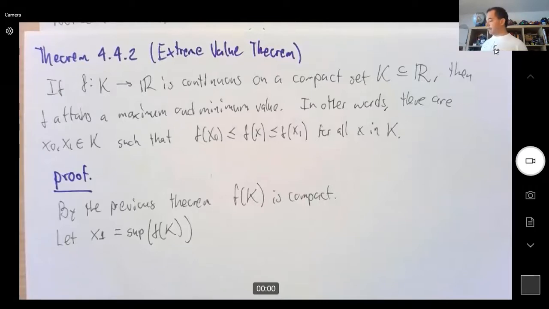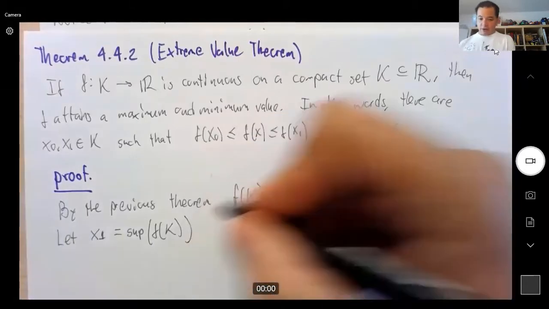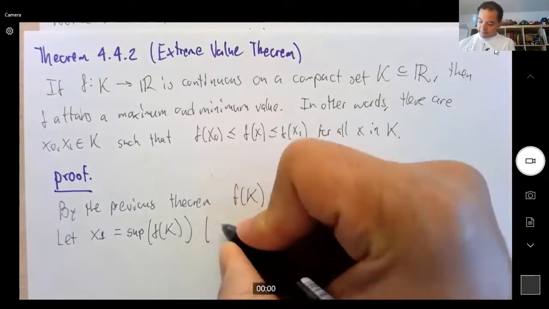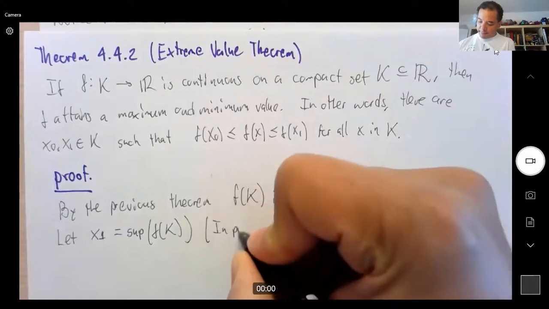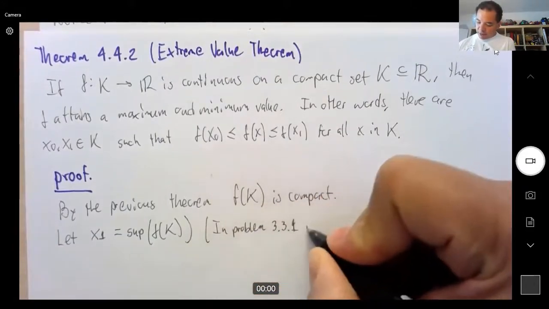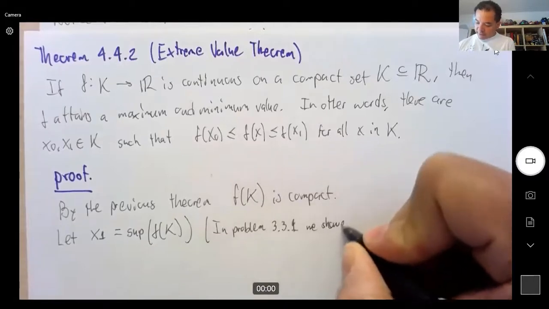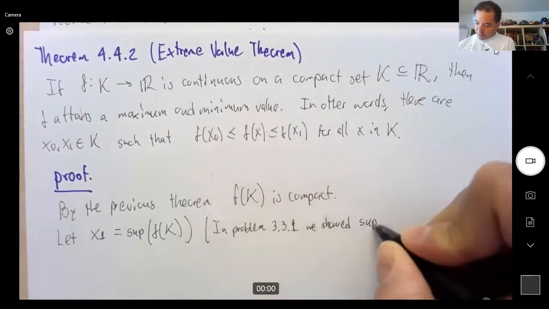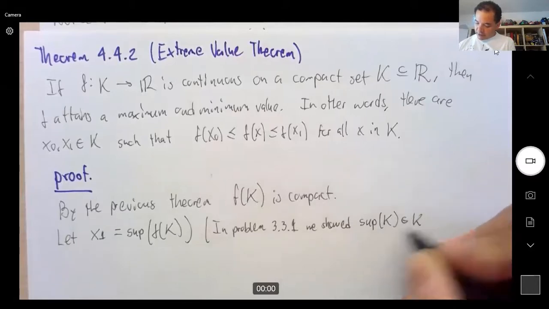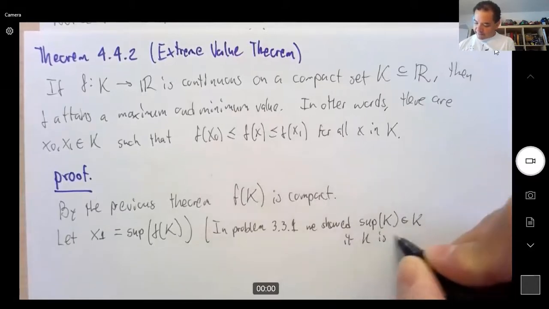So I think that was a problem in chapter 3, problem 3.3.1, we showed the supremum of K belongs to K if K is compact.